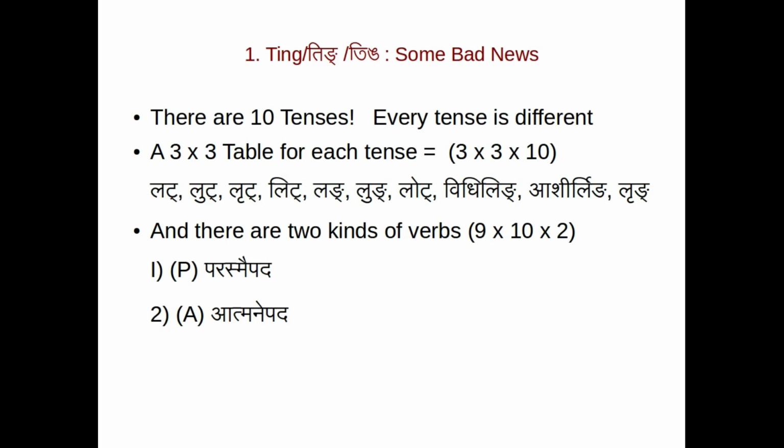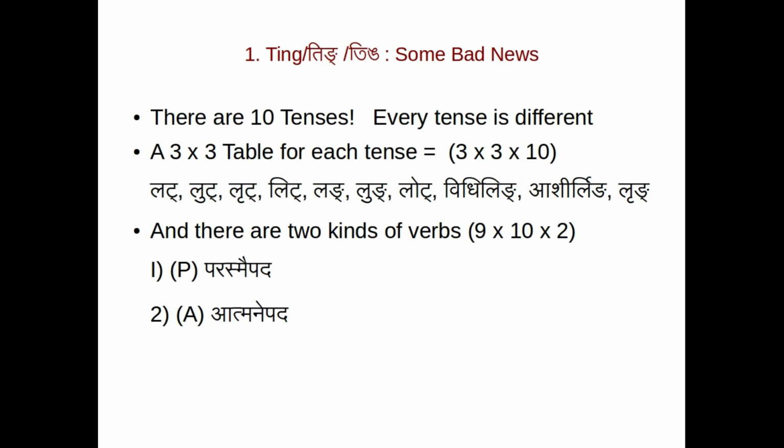In Sanskrit, there are 10 tenses. 1 is for present, 3 for past, and 2 for future. 1 is for command, wish, etc. There are other tenses as well. These tenses are lat, lit, lrit, lit, lot, etc. The first letter is la, the second letter is a vowel, the last letter is either nga or ta.